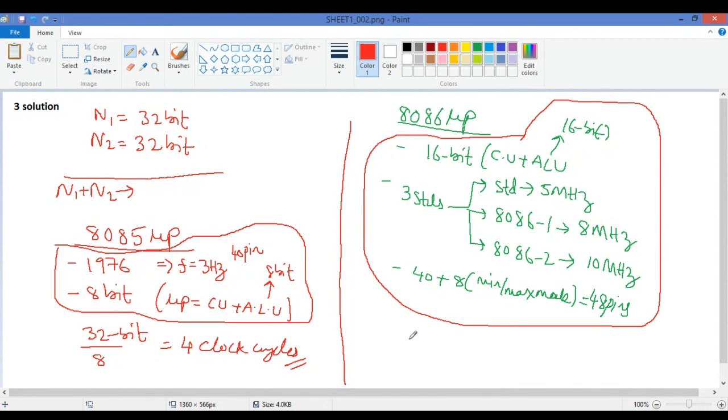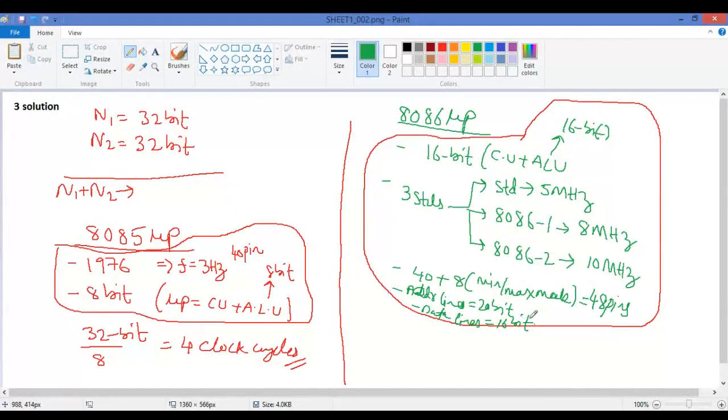Also, one more thing is address lines. It has address lines of 20 bits, and the data bus is 16 bits.